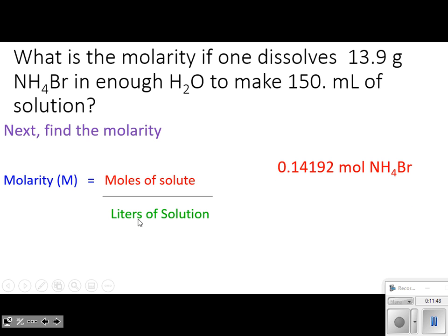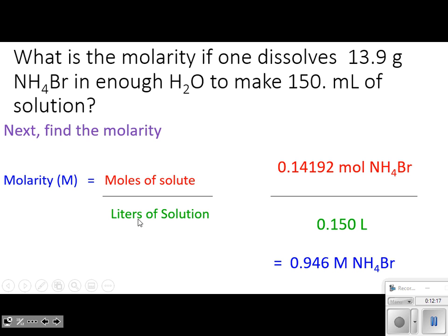My moles of solute was 0.14192 moles of ammonium bromide. My liters of solution I converted, so it's going to be 0.150 liters. So when I did my math, I came up with a value of 0.946 molar ammonium bromide.